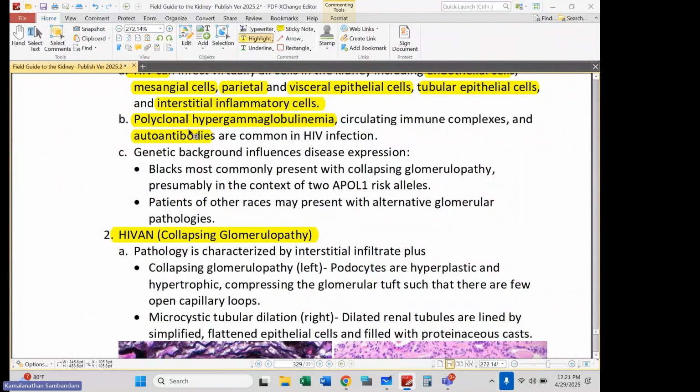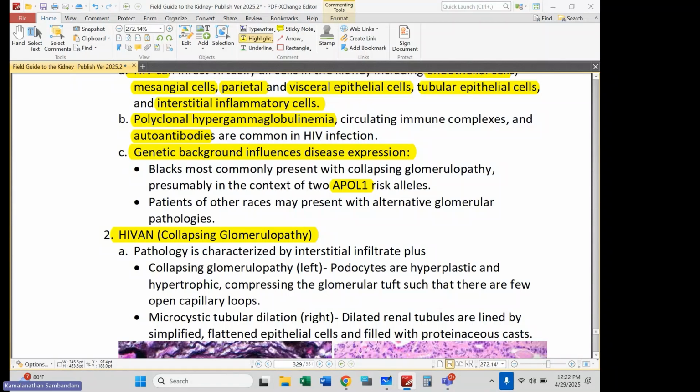And you can see these autoantibodies circulating. And then there's the genetic background that we focus on in particular with APOL1 risk alleles. Having two APOL1 risk alleles increases the risk of collapsing glomerulopathy with HIV something like 30-fold. It is a potent risk factor.